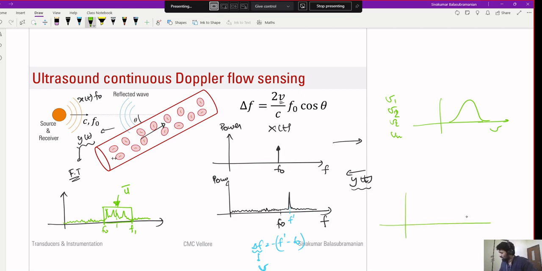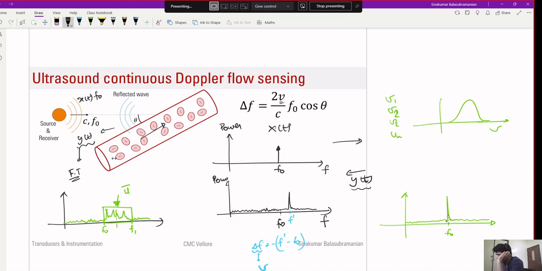Okay, what will happen if your received signal is like this? What does that tell you? The uniform flow of all the RBCs? No, here, with the Doppler effect, the change of frequency will be 0.